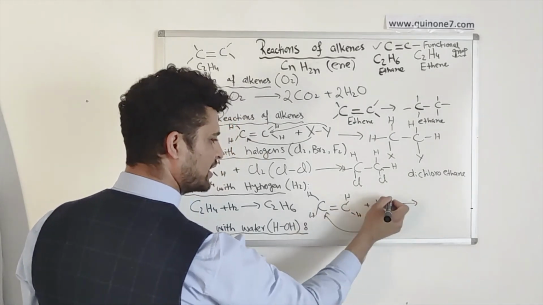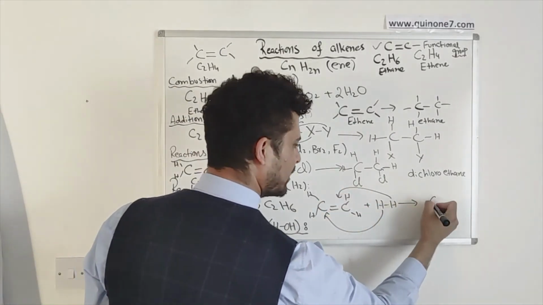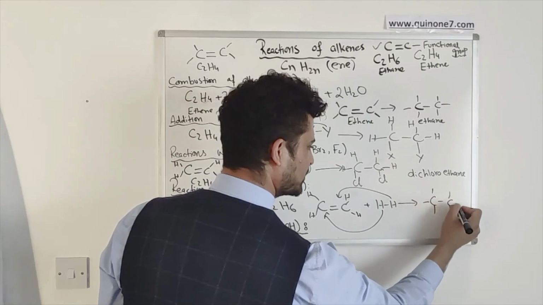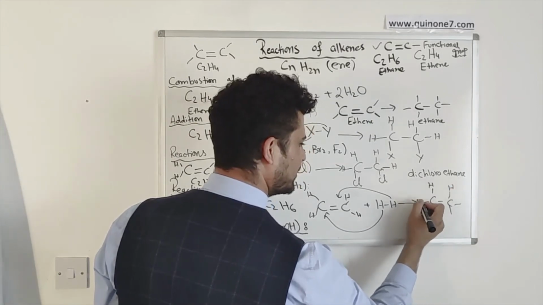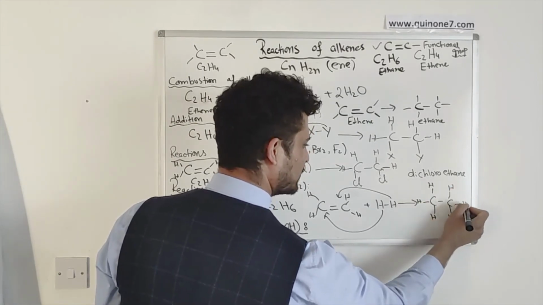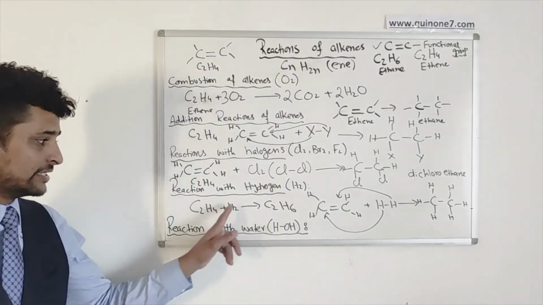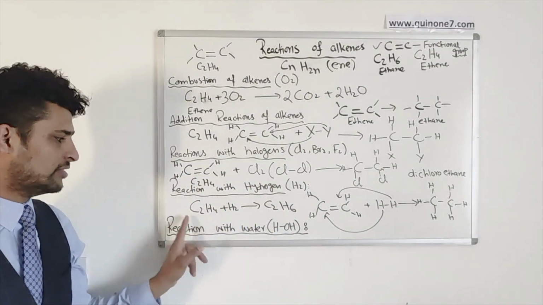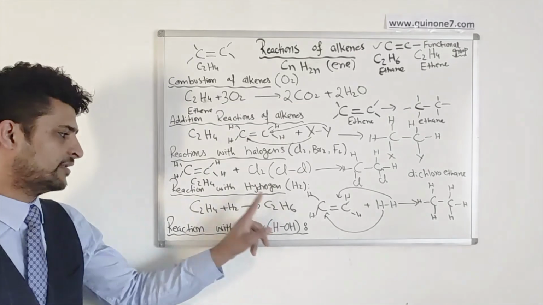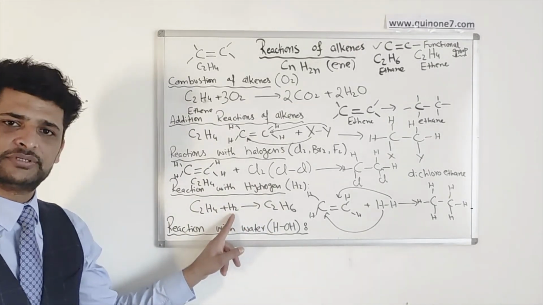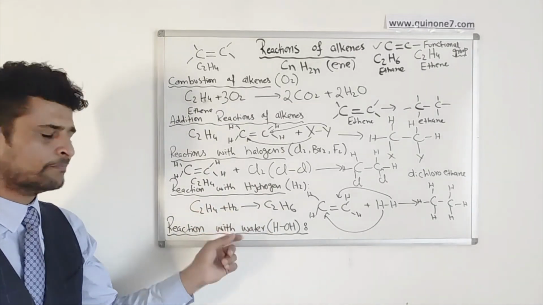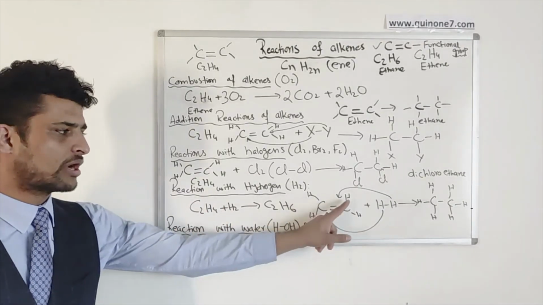This hydrogen goes there, this hydrogen goes there, and you will be producing a hydrocarbon with 6 hydrogens in it. You can see how ethene is converted into ethane by reacting with hydrogen. All you have to do is split it and add it onto each carbon atom.